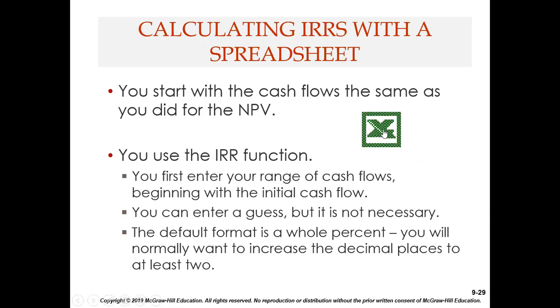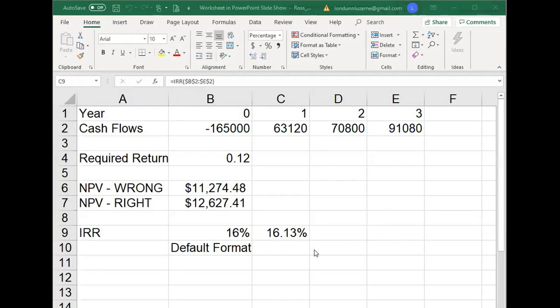So in the next slides, we will have an example of using Excel. So I'm going to stop sharing this and share my Excel sheet with you now. So here is the formula for using internal rate of return.